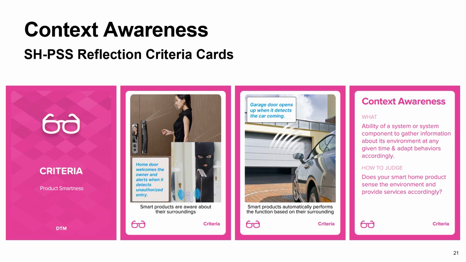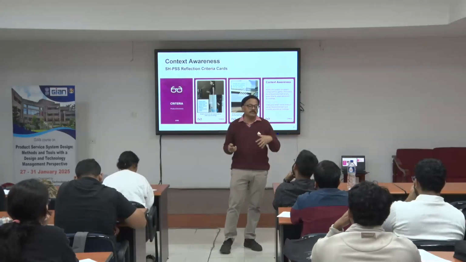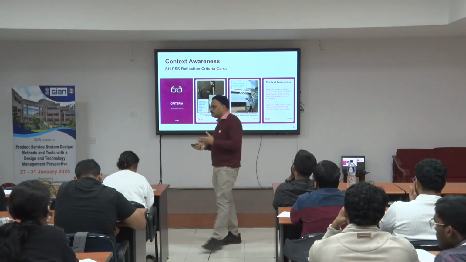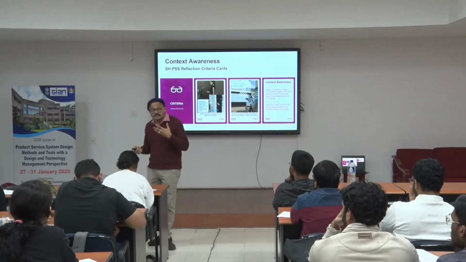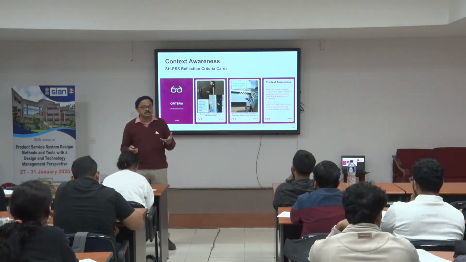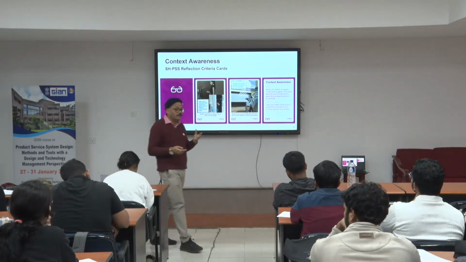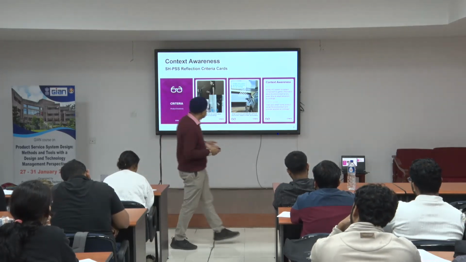When you are having dinner and when you are watching TV, you expect it to be different. So, whether your system is able to understand those contexts, whether it has the awareness for the context.